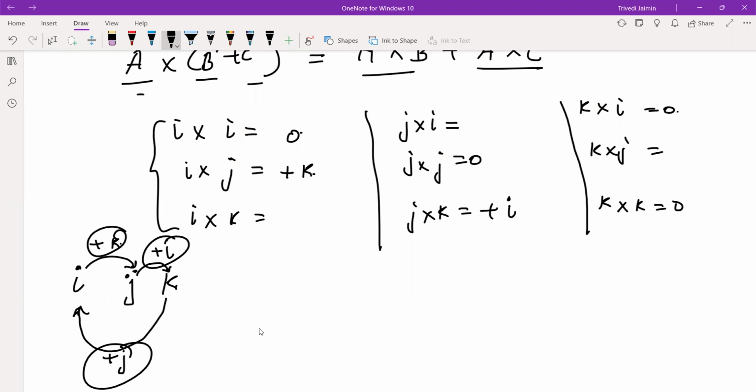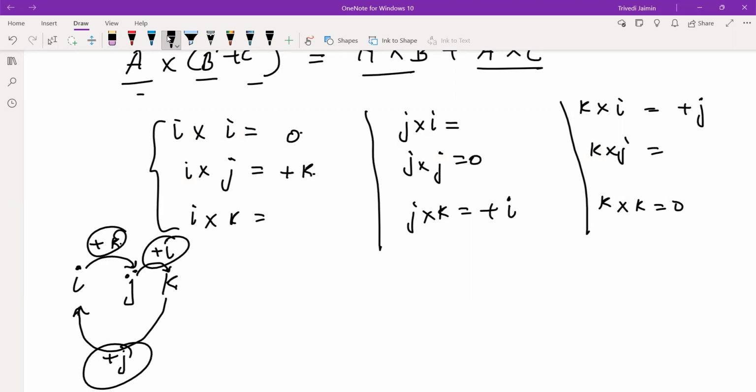And this one, k cross j, minus i. k cross i is plus j, right?